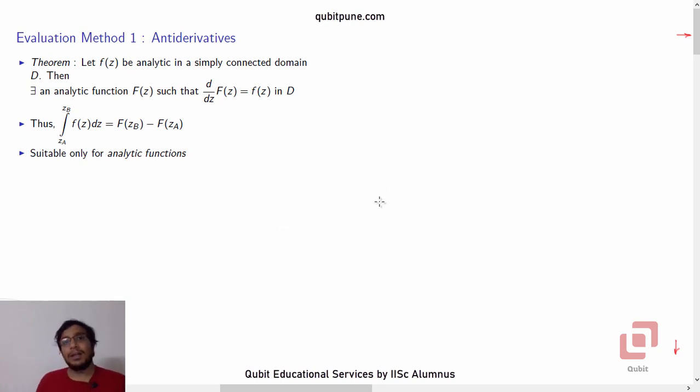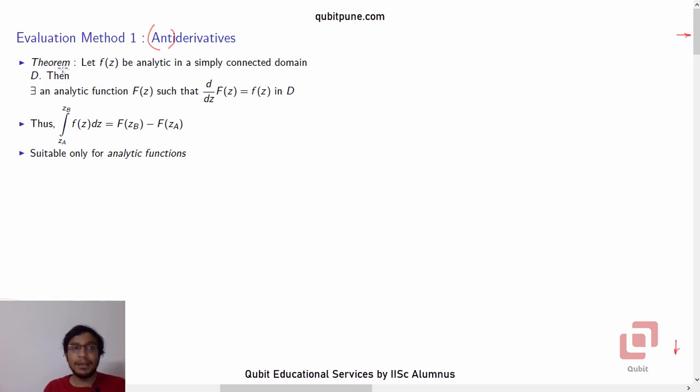Now I will tell you the two methods of evaluating line integrals. The first method involves anti-derivatives, meaning using the integration formulas which we have seen previously. This requires a theorem to be known, and in this theorem we will recall what we mean by an analytic function.